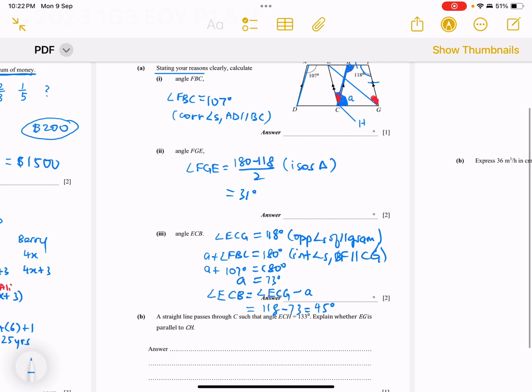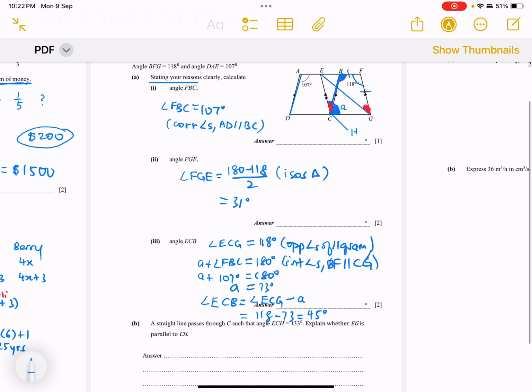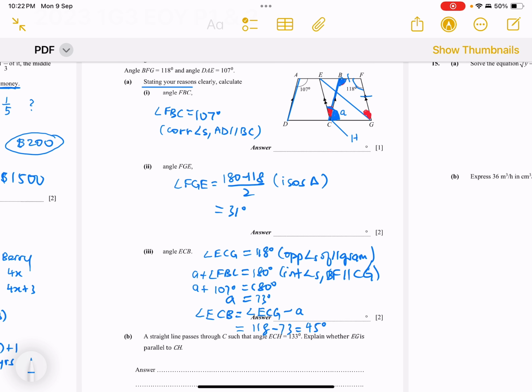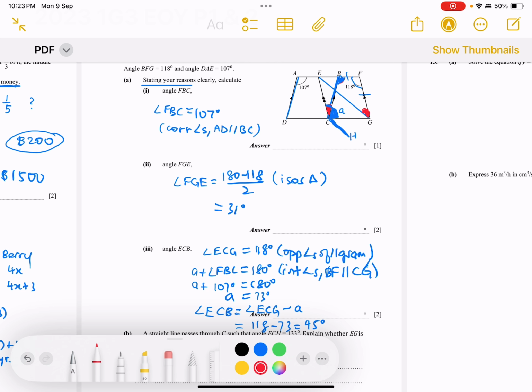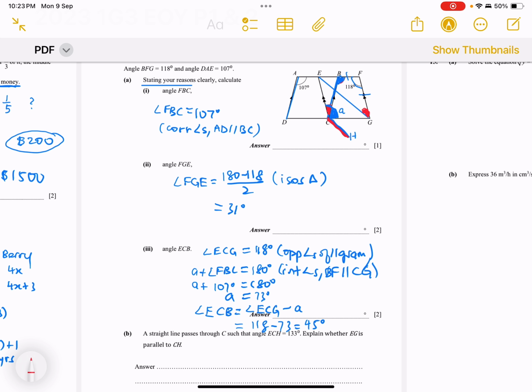A straight line passes through C, and that is this line. They are talking about this line here. Let's make it in red. A straight line passes through C, and explain whether this line and EG, whether these two lines are parallel.